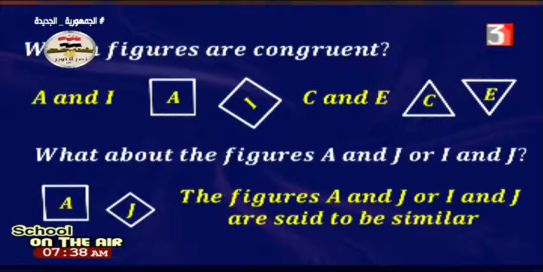And what also? I and J. So figure I and figure J are said to be similar. What's the meaning of similar? It means that you have two figures looking like each other, but one is small and the other is big.